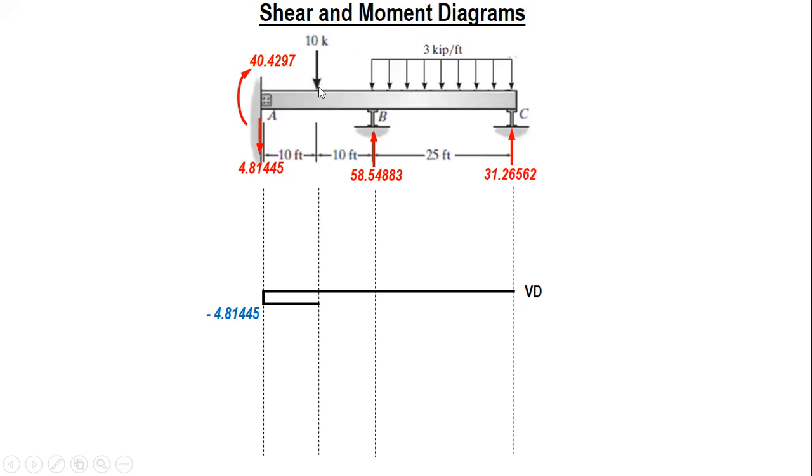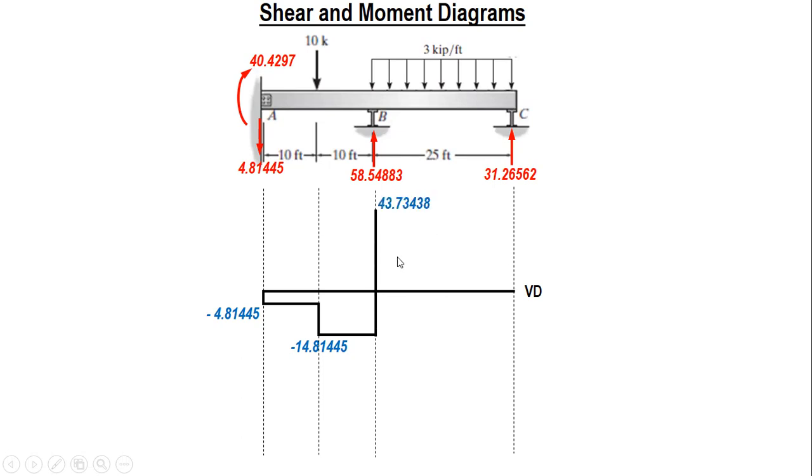And then there is a 10K downward load, so negative 4.81445 minus 10, we have negative 14.81445. And then for this part, no load, so horizontal. And then at B, you have this reaction upward. So negative 14.81445 plus 58.54883.